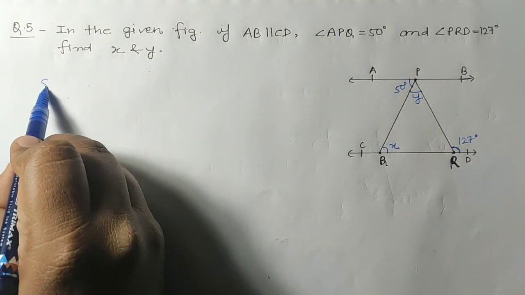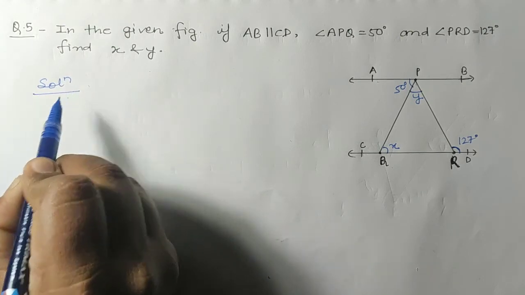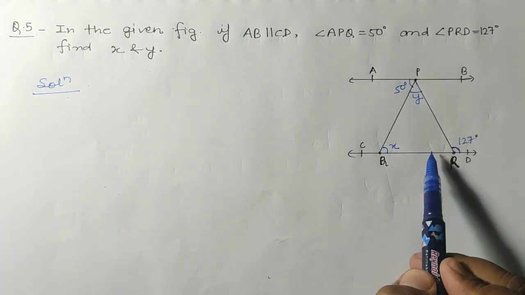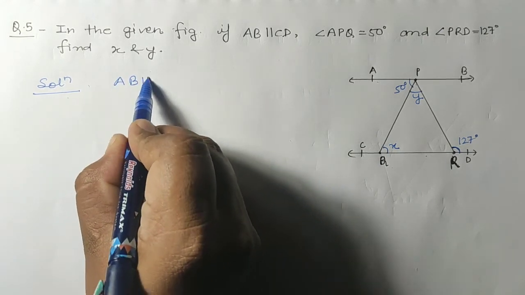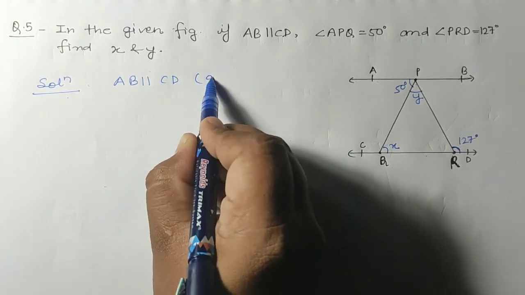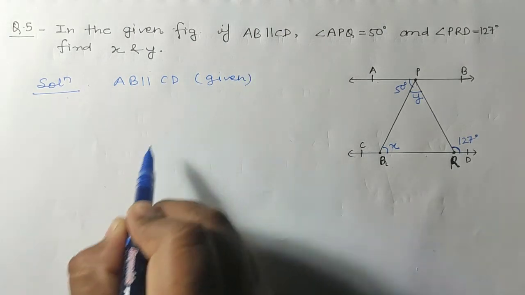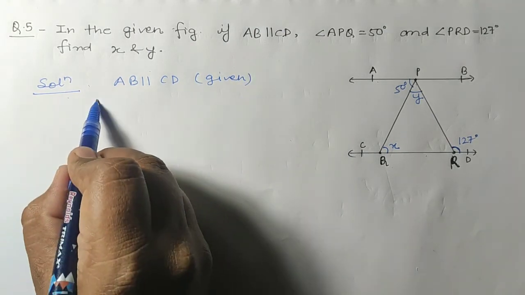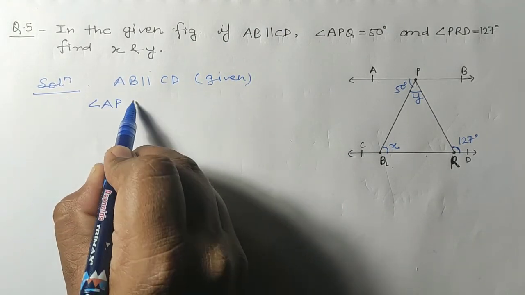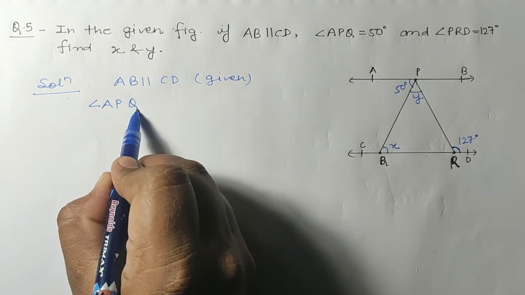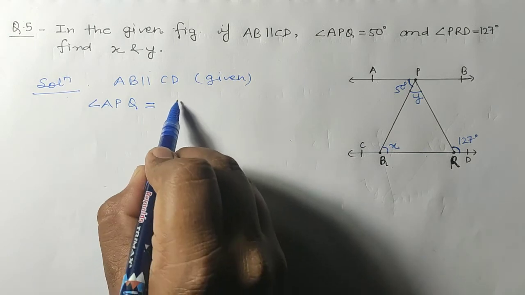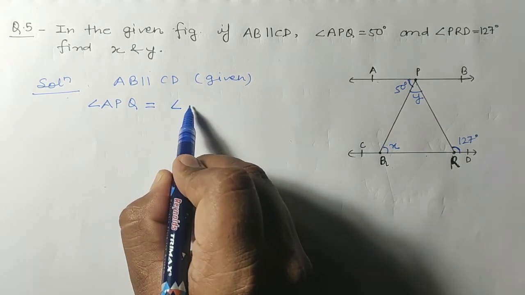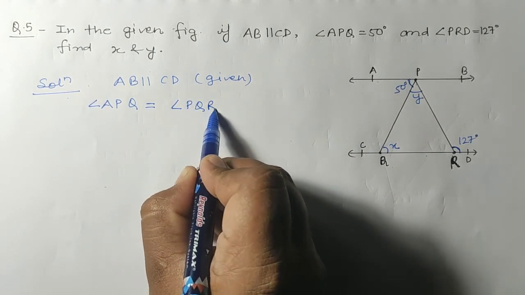See students, in the solution of it we will write, see, AB is parallel to CD. It is given that AB is parallel to CD. It is given. Okay, so angle APQ means this angle is equal to angle PQR.